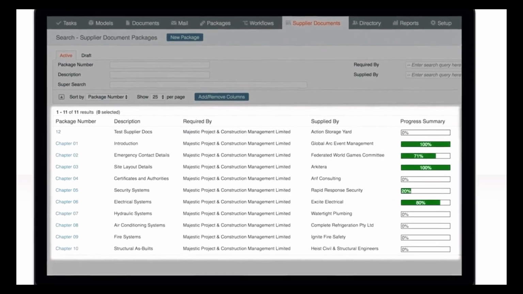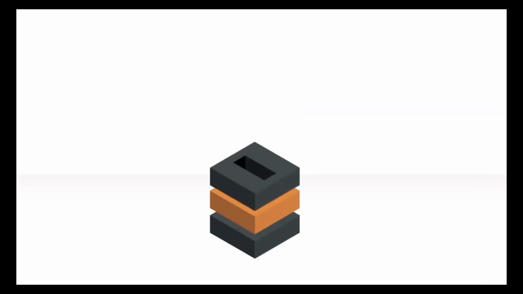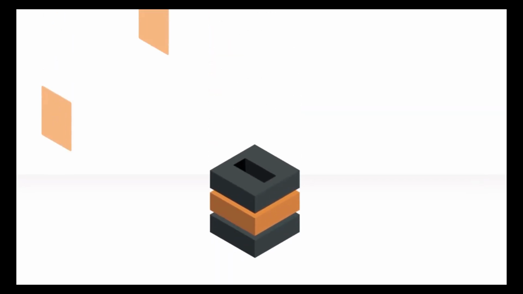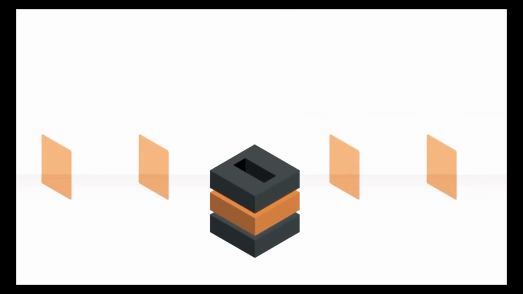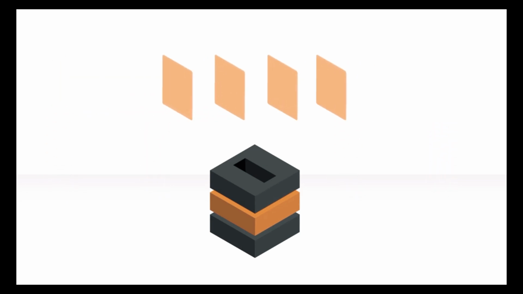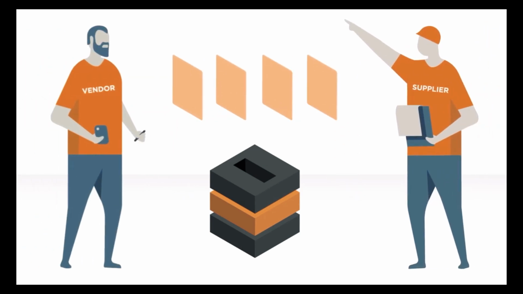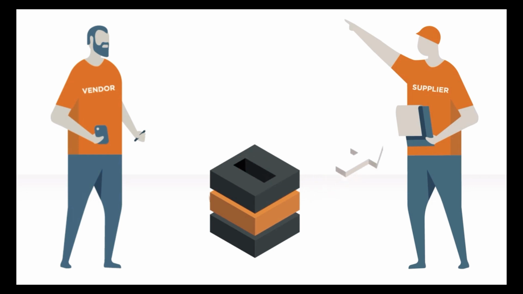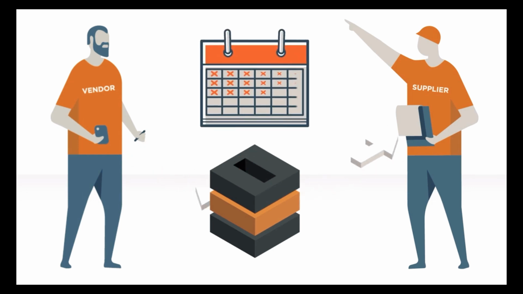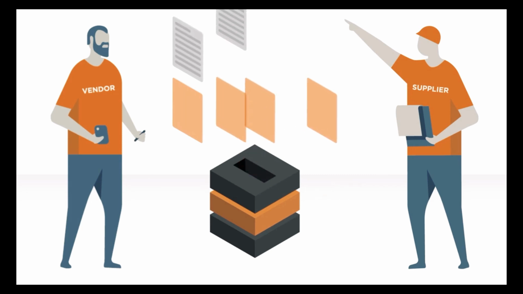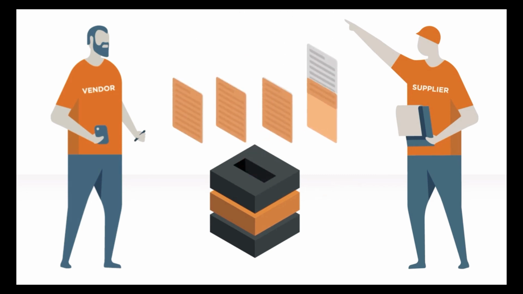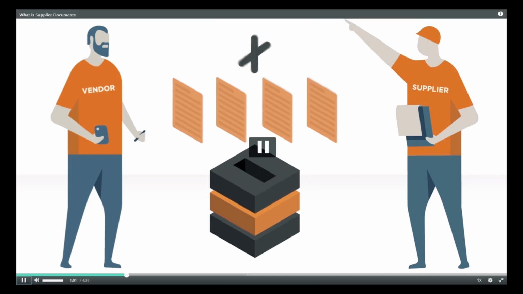We go to the particular supplier documents, and we find an interface like this. The vendor is on the left side, the supplier on the right side, you see these customers. Okay, how does it work? The main thing is the folders, how it works.